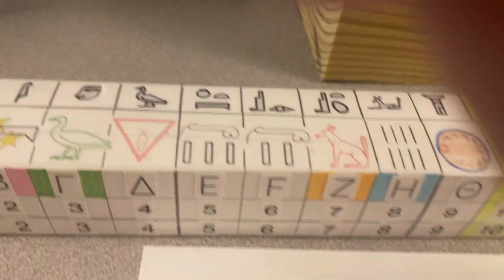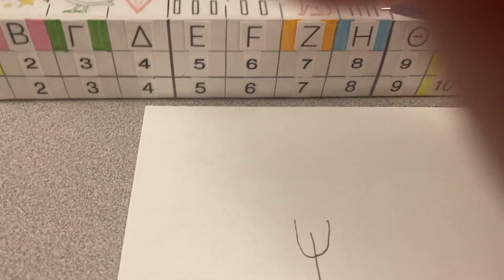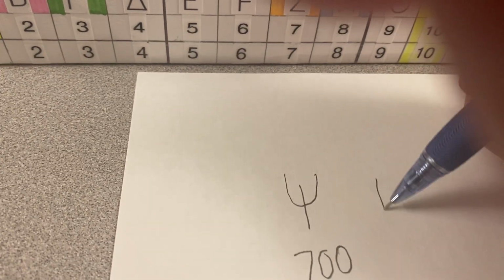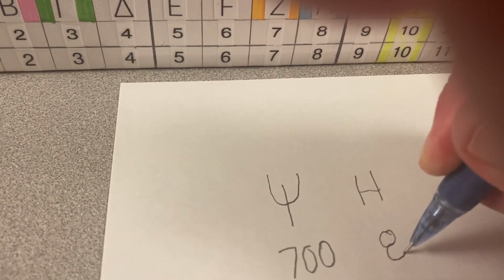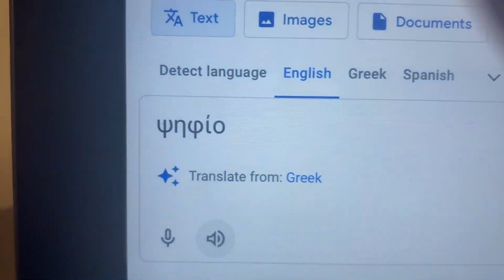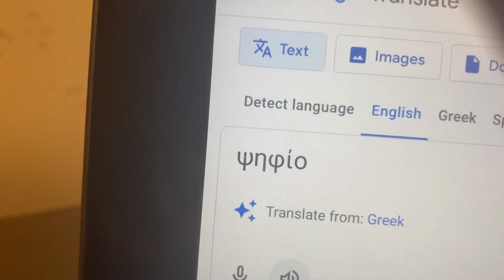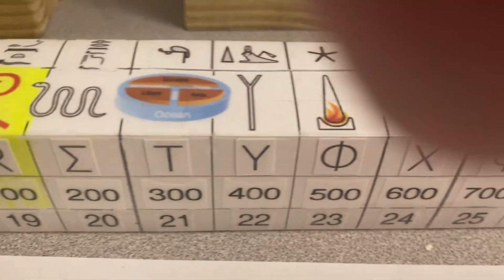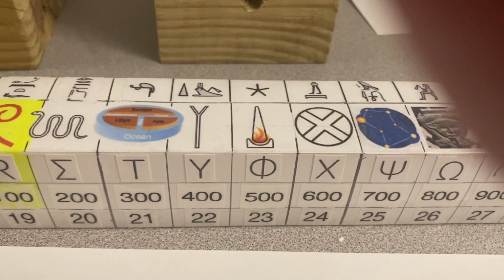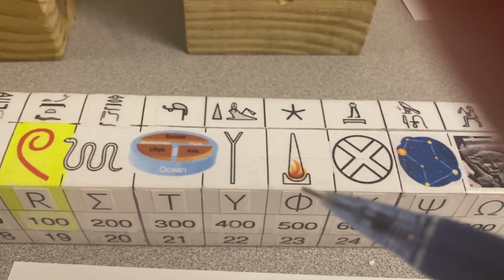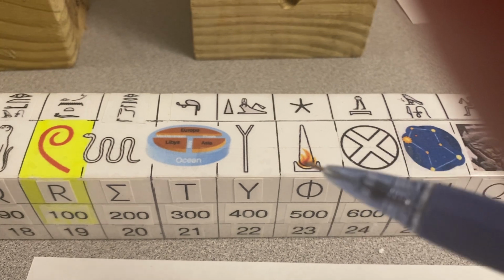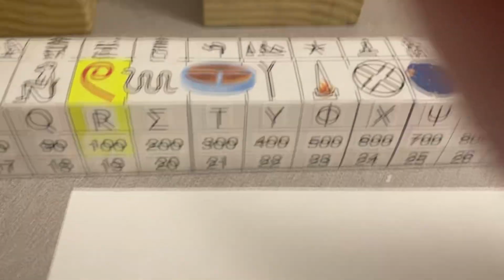So again, we're at H. The next letter is phi. So we go down to our ruler at 500. We see phi, and this corresponds to the top fire drill. That's where the egg of the sun is lit, and that equals 500.